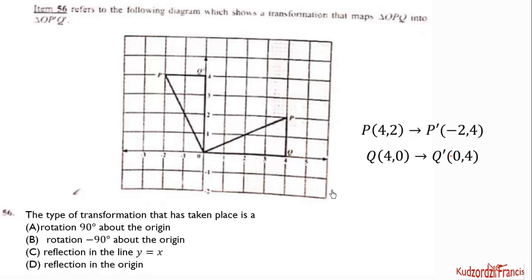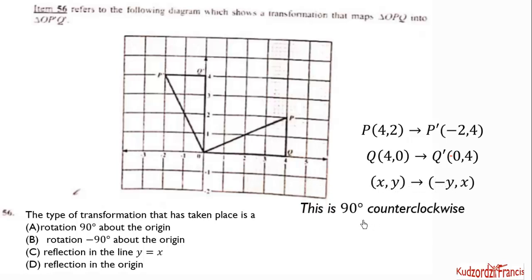So in general this is the mapping, and we know this mapping in transformation refers to a 90 degrees counterclockwise rotation about the origin, or it is also referred to as the negative 90 degrees rotation about the origin. So the correct answer is option B.